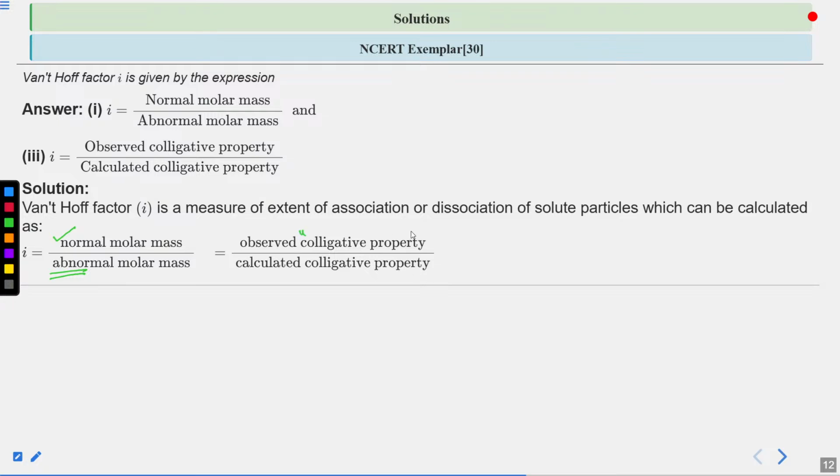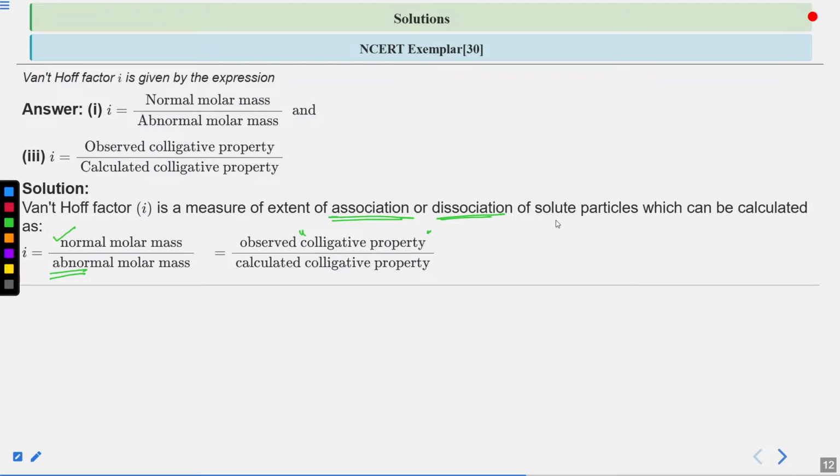Here colligative property is a new term, which is basically the property of the solution which we determine by the ratio of the number of solute and solvent molecules present in our solution. The Van't Hoff factor is used to measure the extent of association and dissociation. Association is the forming of groups of different molecules. Dissociation is the dividing of a molecule into different atoms or elements.